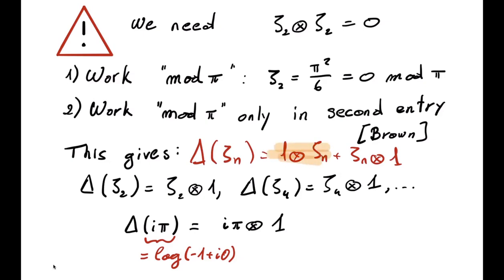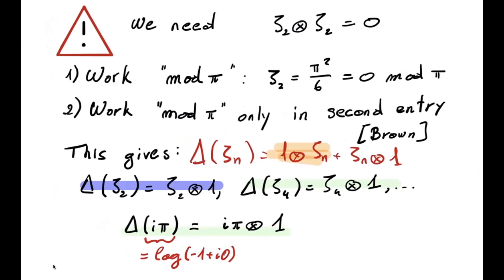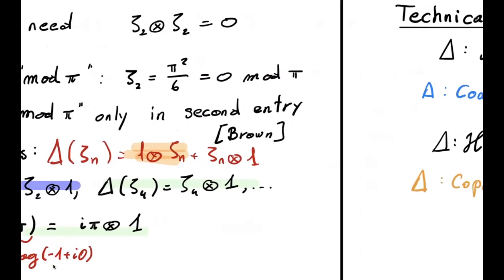And so I'm left with delta of zeta 2 is zeta 2 tensor 1, delta of zeta 4 is zeta 4 tensor 1, and so on, or more generally, delta of i pi is i pi tensor 1. This will come back in Ruth's lecture substantially, and is actually very important if you do explicit computations.